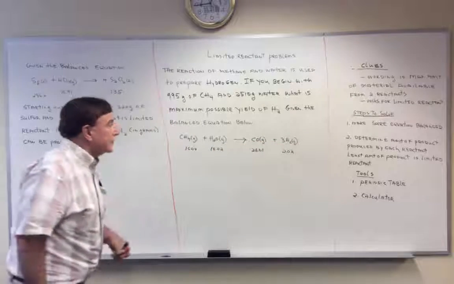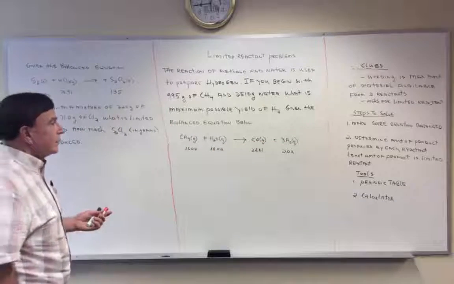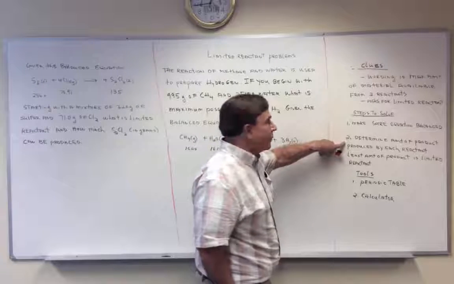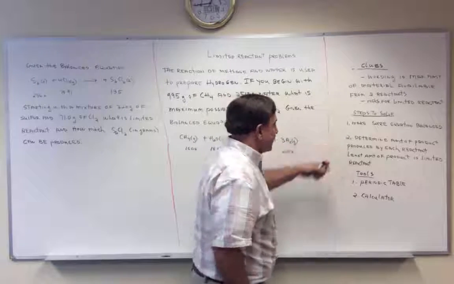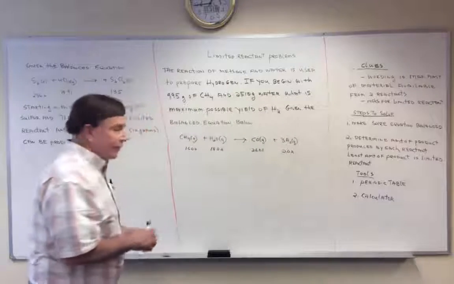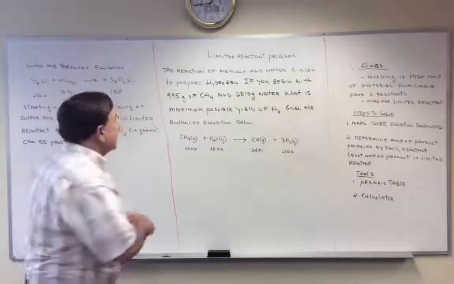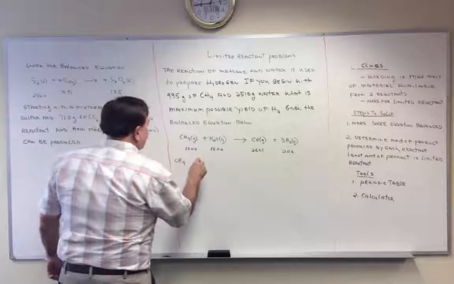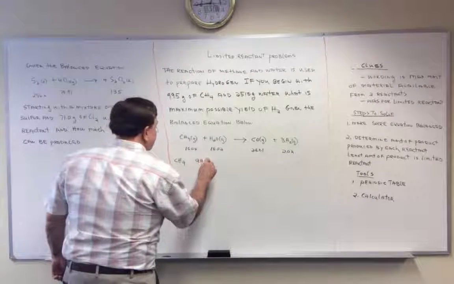That is another clue. So now, what we need to do, since we know the equation is balanced, is determine the amount of product produced by each reactant. To do that, we take what we have. We're going to do methane first. We have 995 grams of methane.